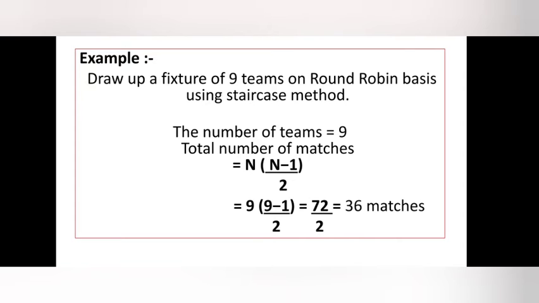So 9 into (9 minus 1) upon 2 is equal to 72 upon 2, which is 36 matches. So we are conducting 36 matches. Basically the formula tells us how many matches we conduct in this tournament. Let's move to the next page.